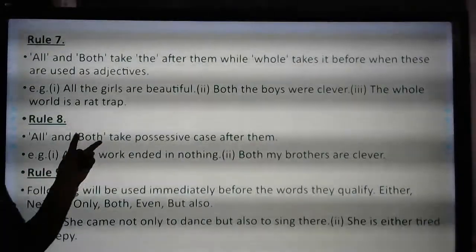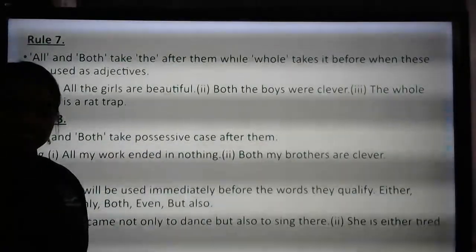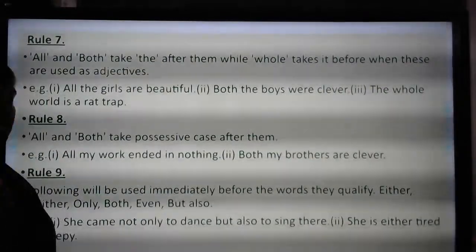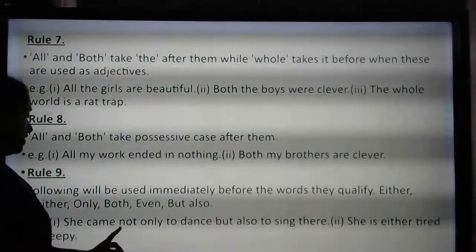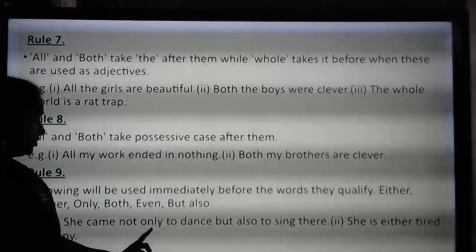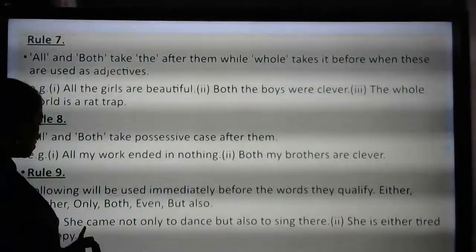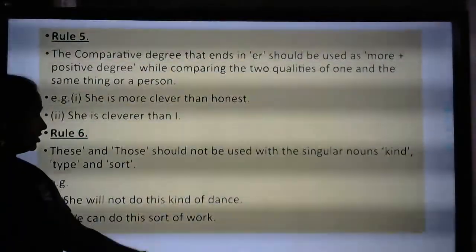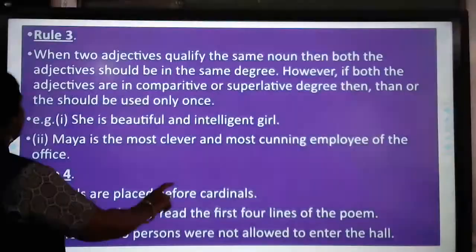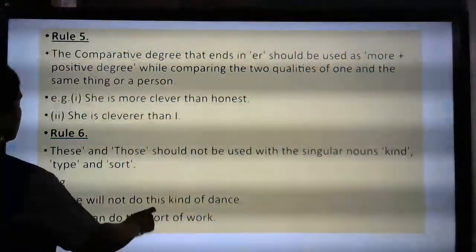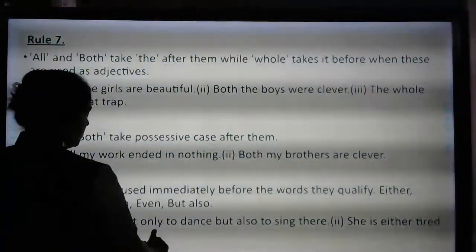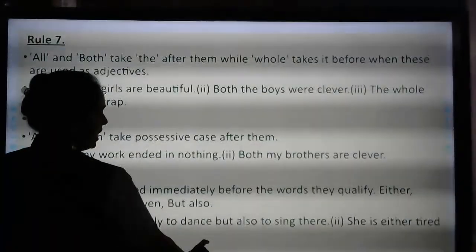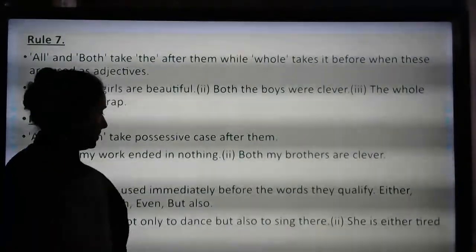These two simple sentences are joined with the conjunction not only but also. So, she came not only to dance but also to sing.